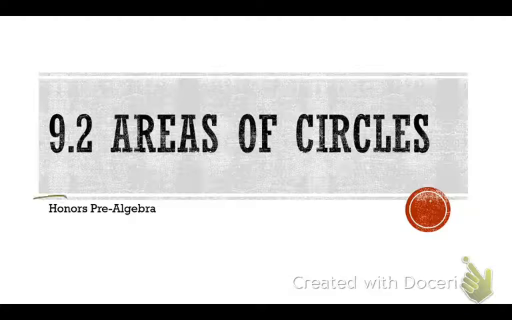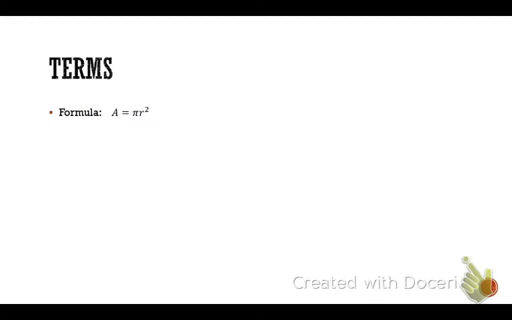Covering areas of circles. Of course, to find the area of a circle, something really important is the formula. Now, what you notice about the area of a circle formula: how many formulas do you have, guys? 50. How many formulas do you have? One. And that formula calls for which value?